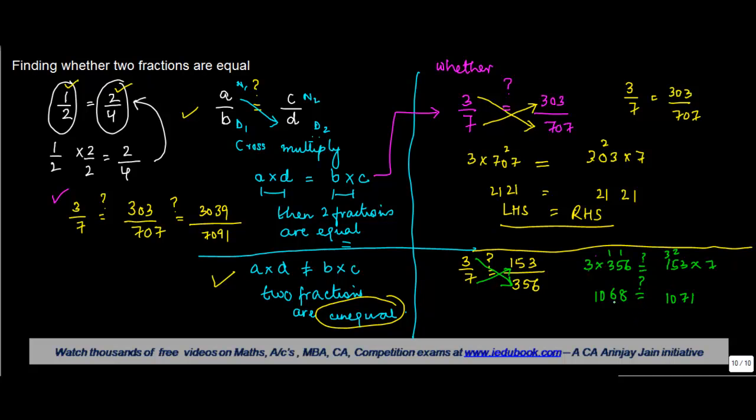Well, what we notice is that the left hand side is not equal to the right hand side. Hence, 3 upon 7 is not equal to 153 upon 356. Right? So this is the manner in which you find out whether or not two fractions are equal.